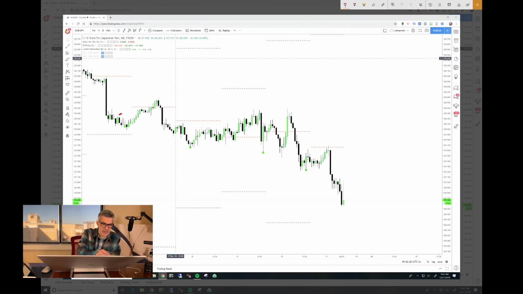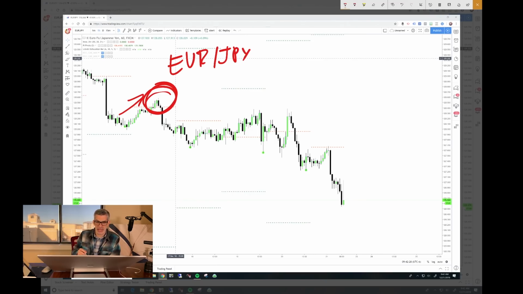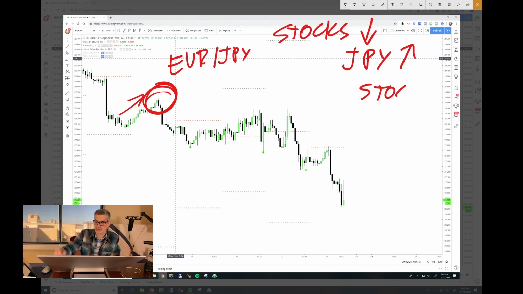As the stock markets decline, every once in a while we have a jump upward in the euro yen, or basically what is essentially a recovery for stocks and a recovery for risk assets. Remember, stocks down, Japanese yen goes up. Stocks up, Japanese yen down.